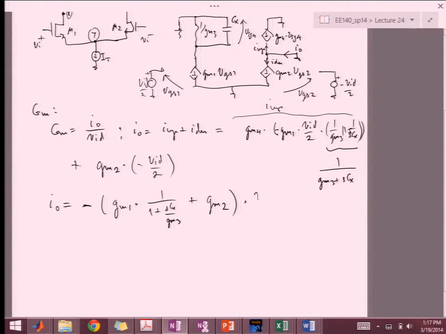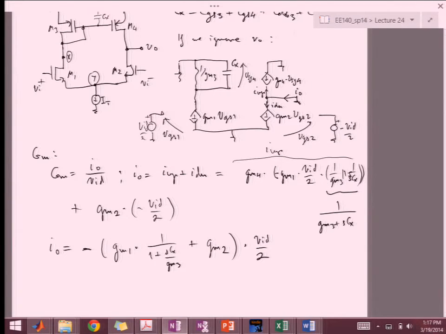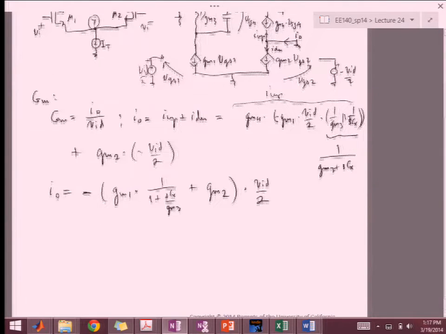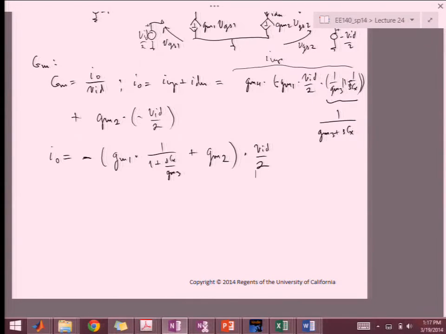And all that times VID over 2. Here we're assuming that GM3 and GM4 are matched, so we can cancel that out. So assuming GM3 equals GM4, and then GM1 equals GM2, right?